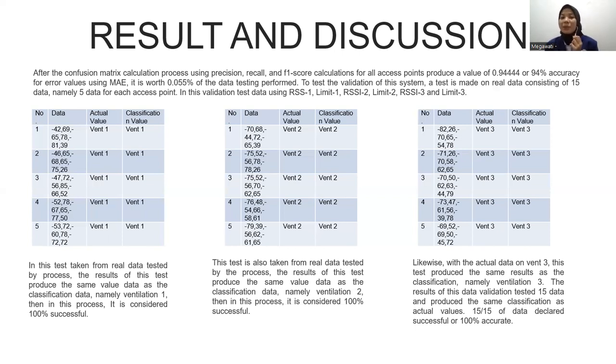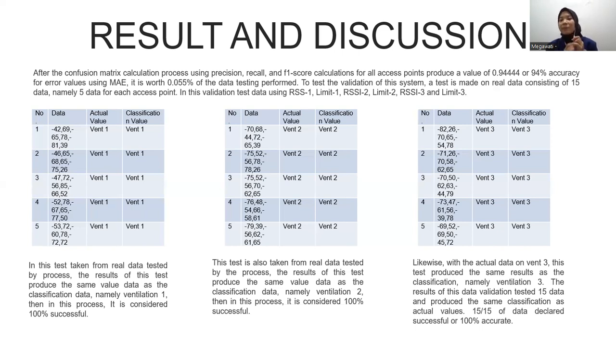Table 2 shows the actual value ventilation 2 and the system calculates ventilation 2. This test also uses real data, and the result produced the same classification, ventilation 2, with 100% success.